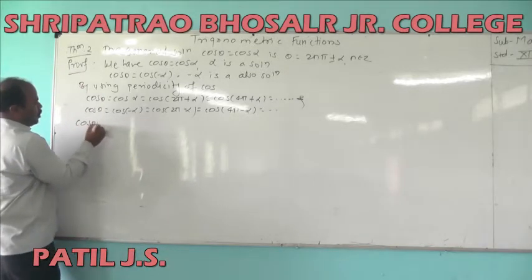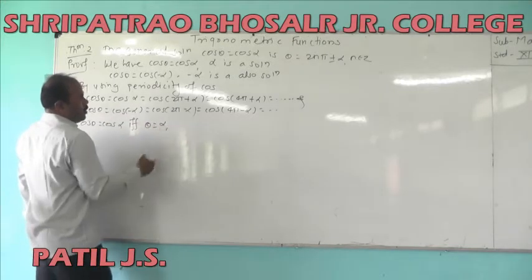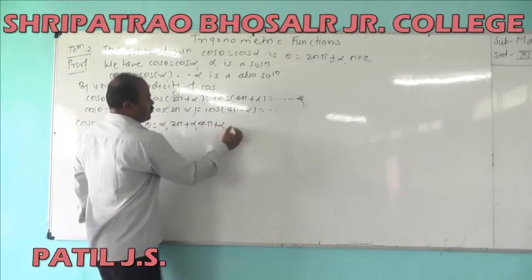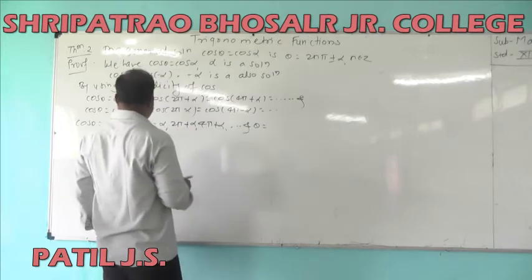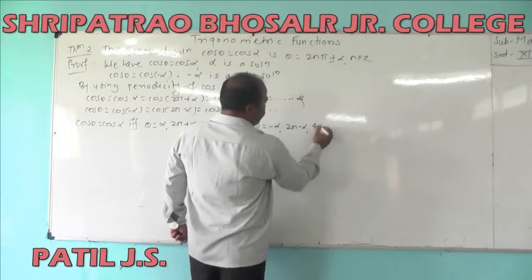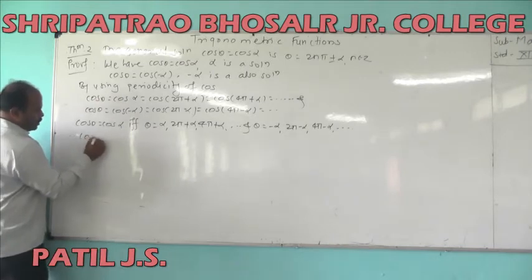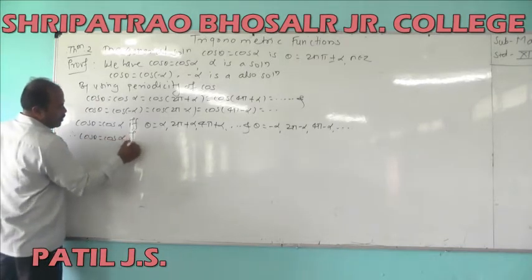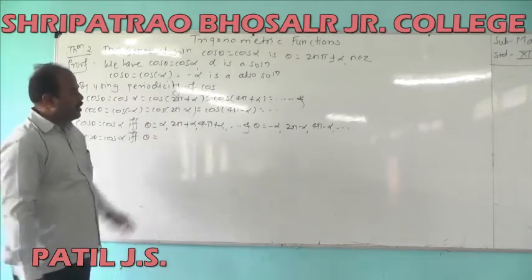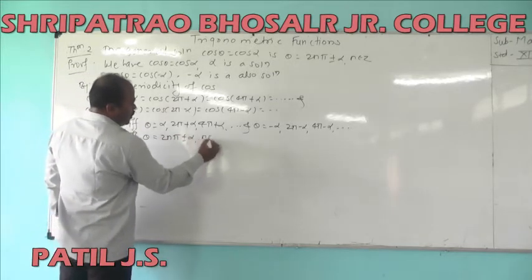Therefore cos theta is equal to cos alpha if and only if theta is equal to alpha, 2 pi plus alpha, 4 pi plus alpha, and theta is equal to minus alpha, 2 pi minus alpha, 4 pi minus alpha. Combining these cases, we get theta is equal to 2n pi plus or minus alpha, n belongs to Z.